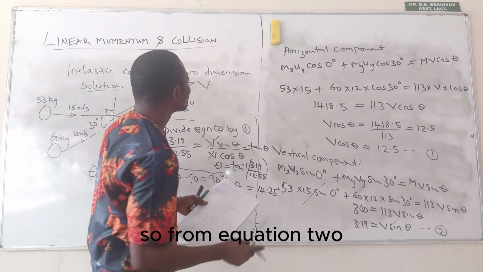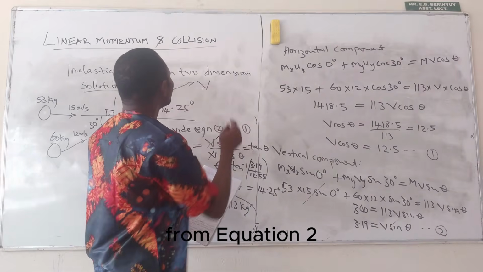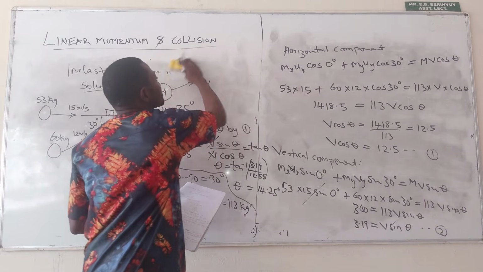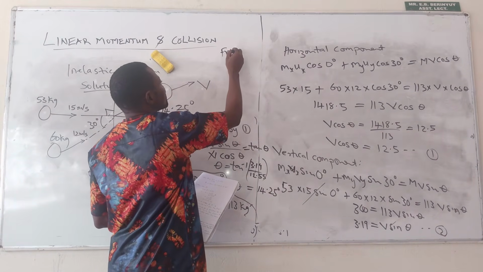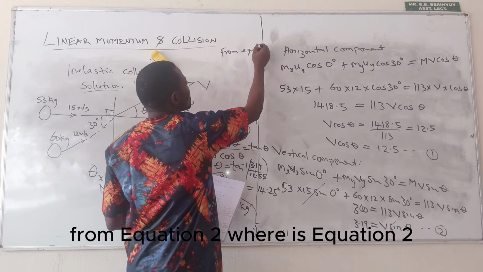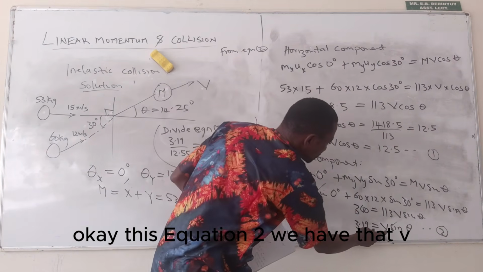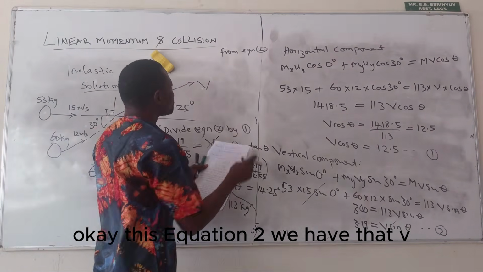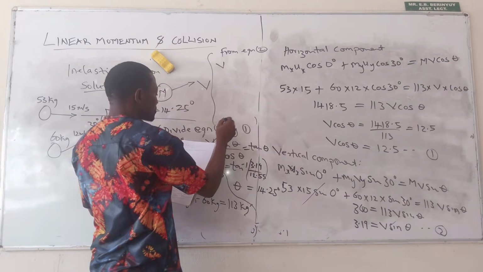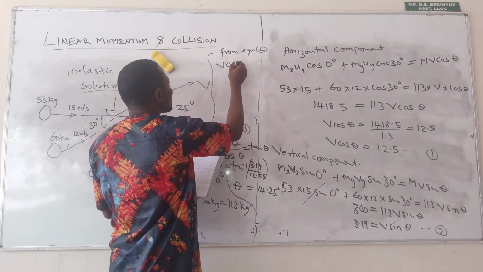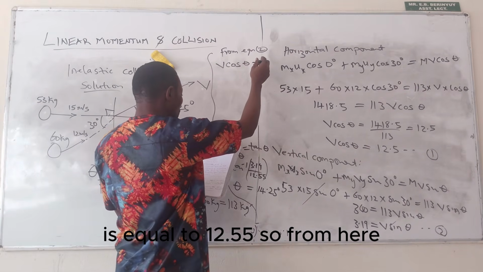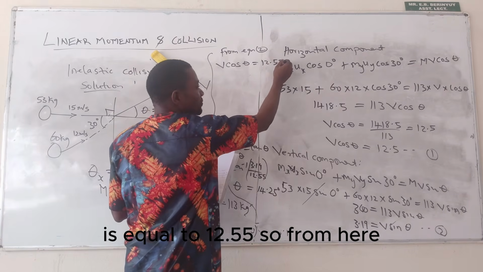The next thing is the velocity. So from equation 1, we have that v cos theta is equal to 12.55.